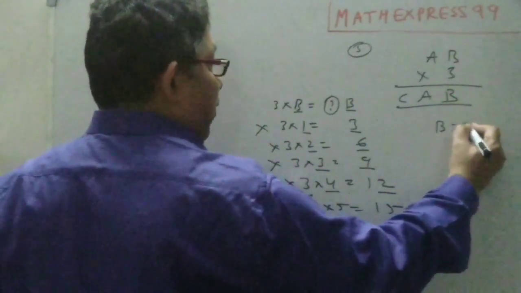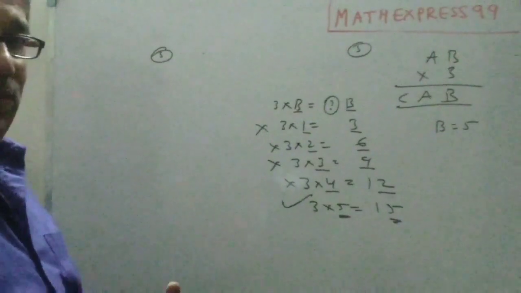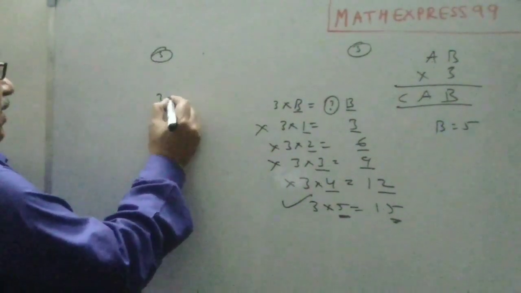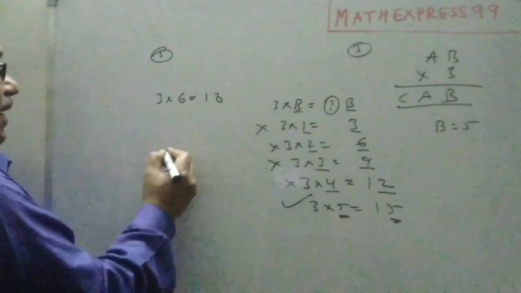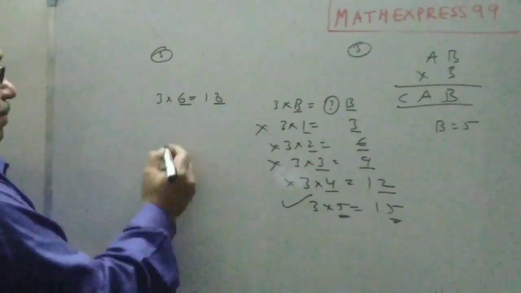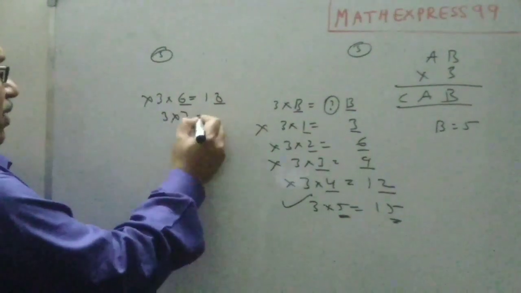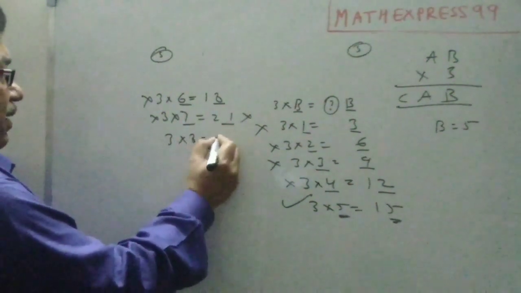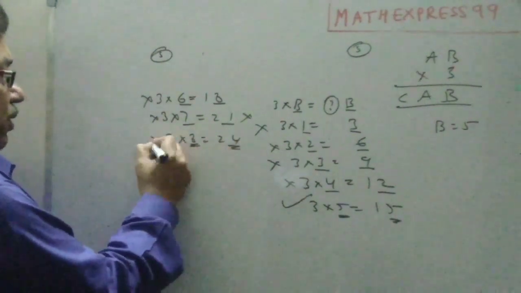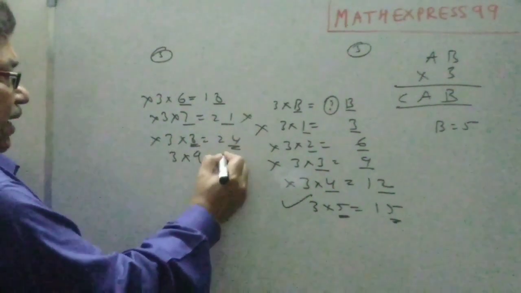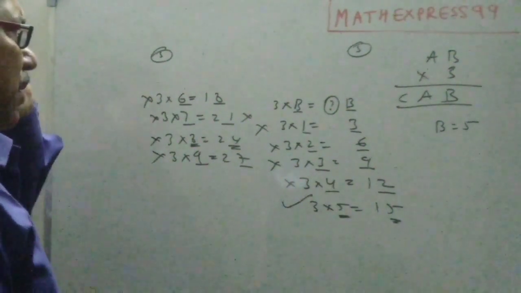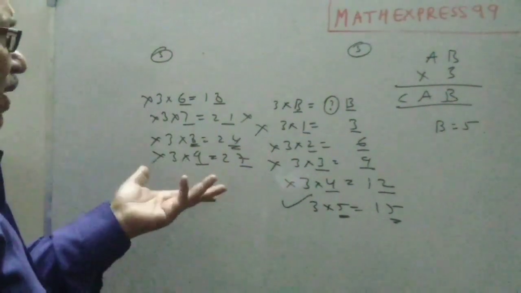I don't know if it is 5 or not, I still want to see the other possibilities. 3 into 6 is 18, 6 and 8 are not same. 3 into 7 is 21, no, not possible. 3 into 8, 24, 8 and 4 are not same. 3 into 9, 27, 9 and 7 are not same. So what can be B? B can be 5. We have seen that only one possibility works.